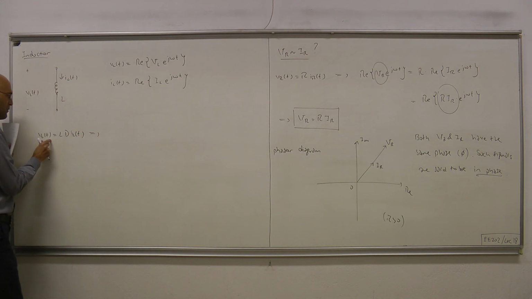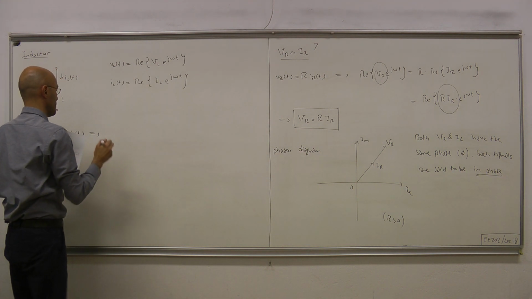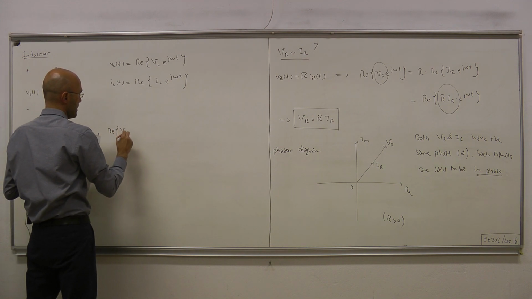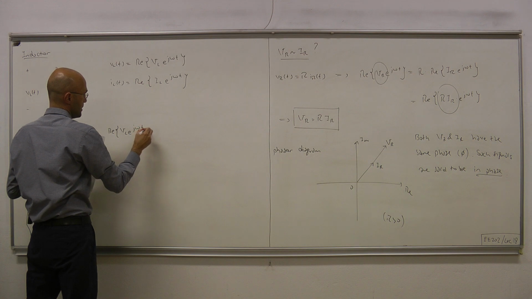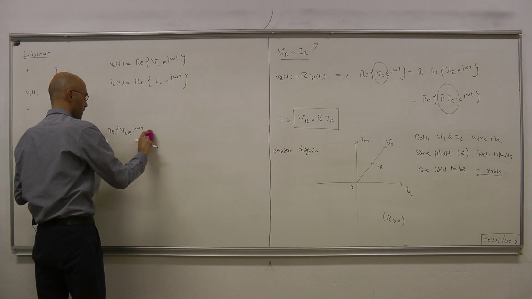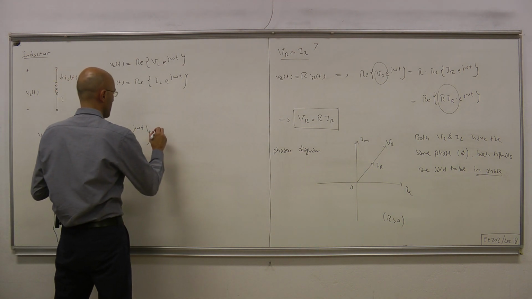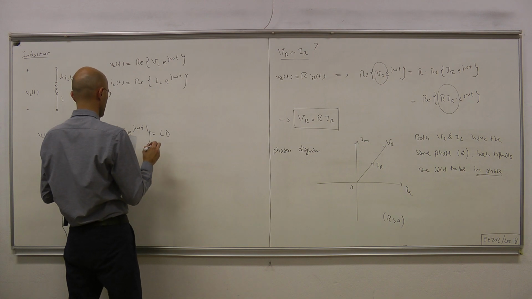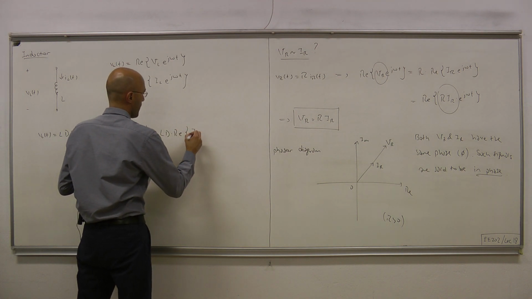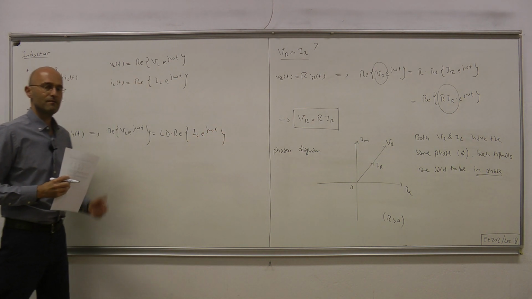So let's rewrite VL and IL through these expressions. So what we have is real part of VL e to the j omega t equals L d/dt times real part of IL e to the j omega t.